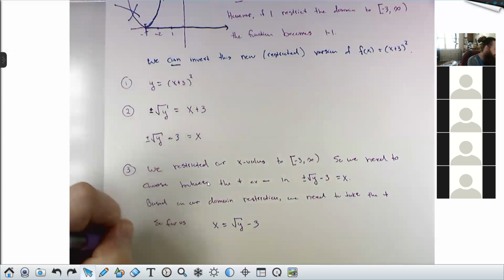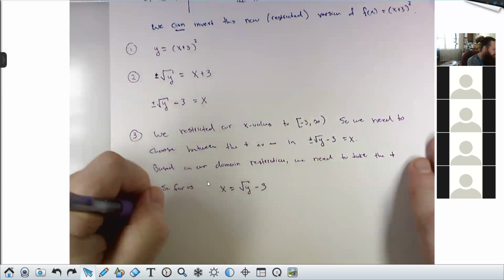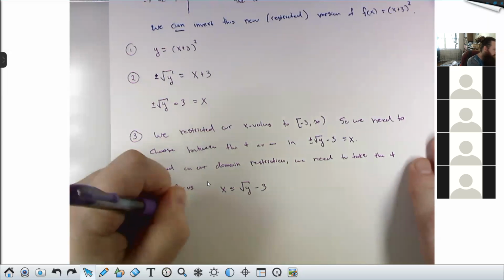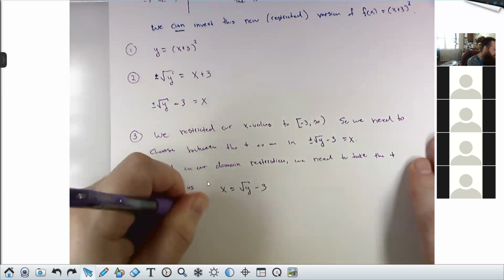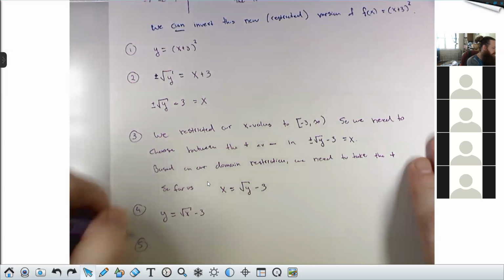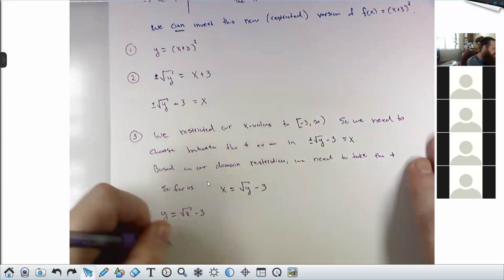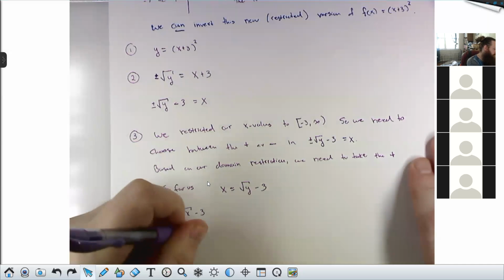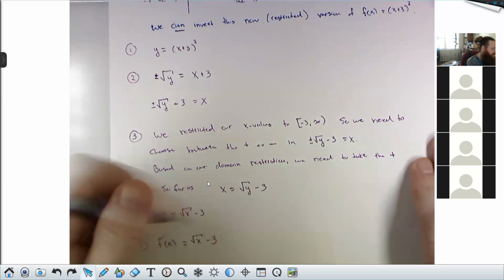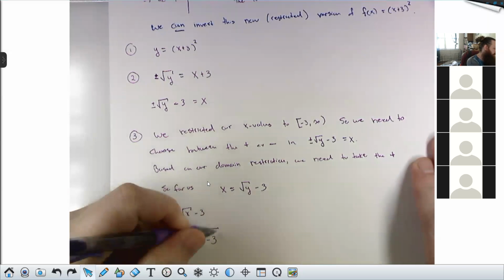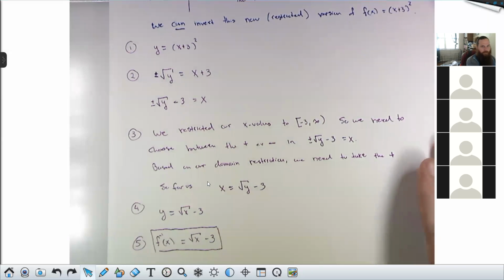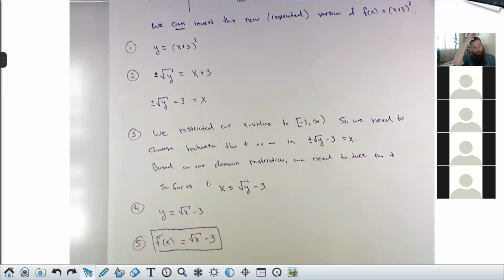Now that we have accounted for our domain restriction, we can swap x and y. So I have y equals the square root of x minus 3, and hence f inverse of x is the square root of x minus 3. And that is the inverse for this function with its domain restricted from negative 3 to infinity.